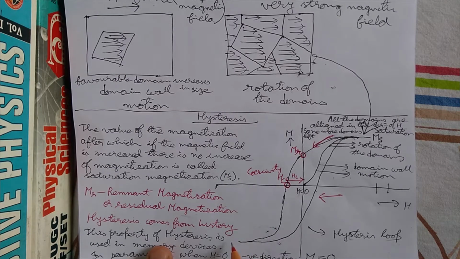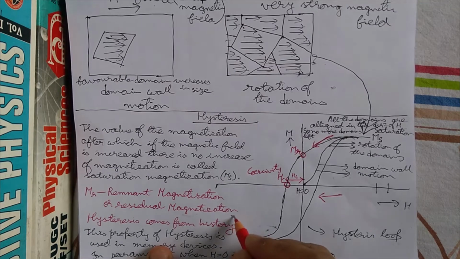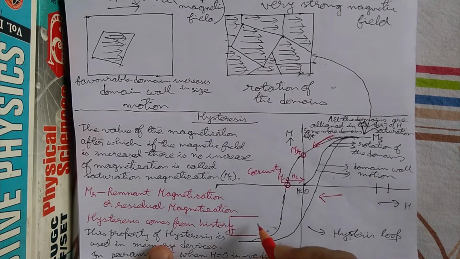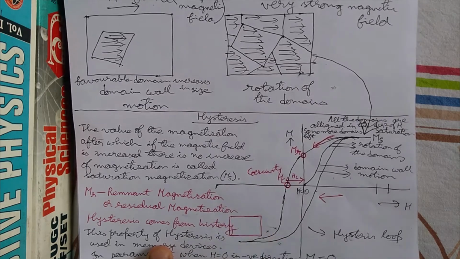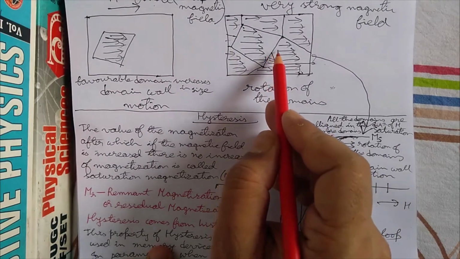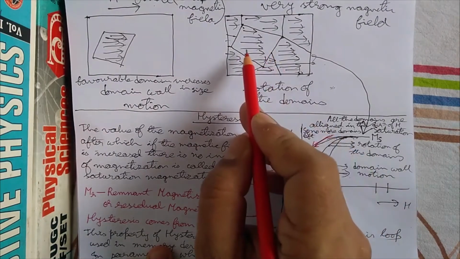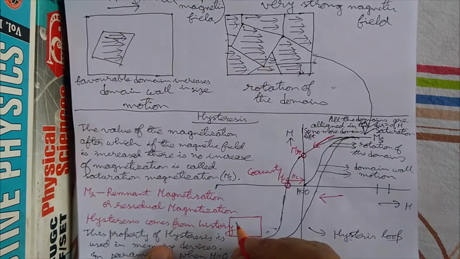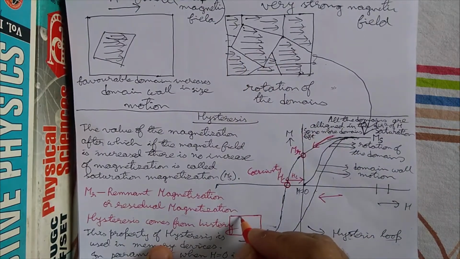So here what will happen? Here you will have this kind of thing, with the magnetic dipoles in exactly the opposite direction. So you will have it like this.